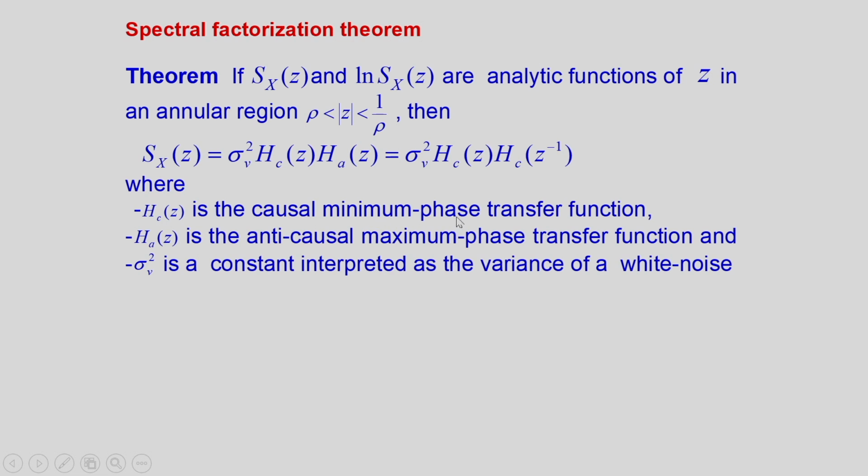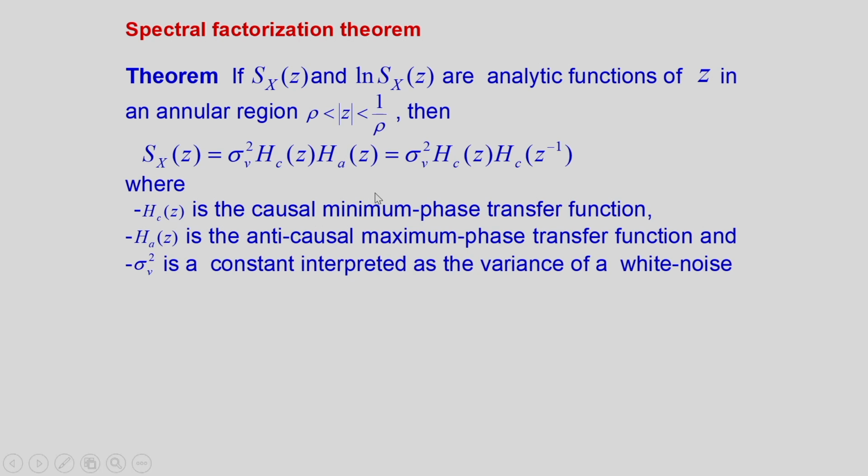Hc(z) is the causal minimum phase transfer function, and Hc(z inverse) is the anti-causal maximum phase transfer function, and sigma v square is a constant interpreted as the variance of a white noise.